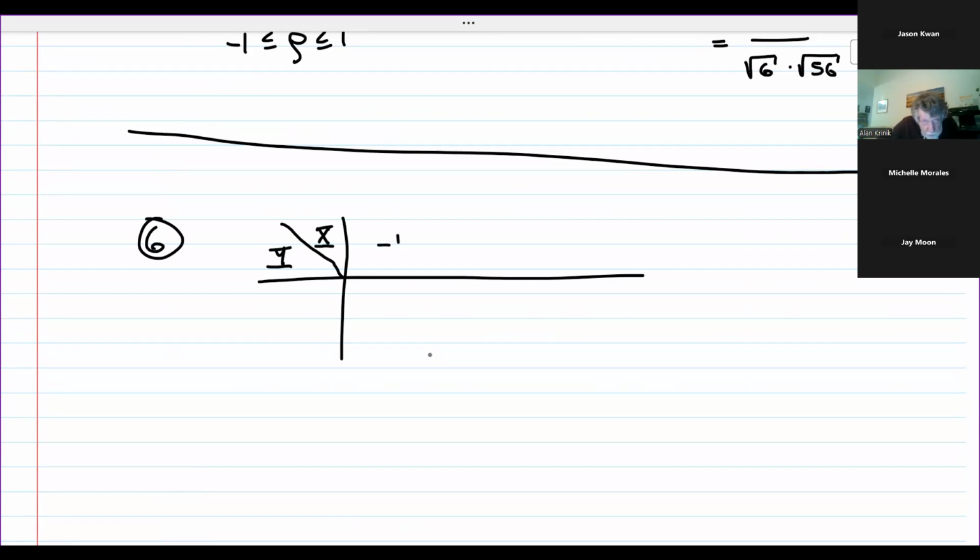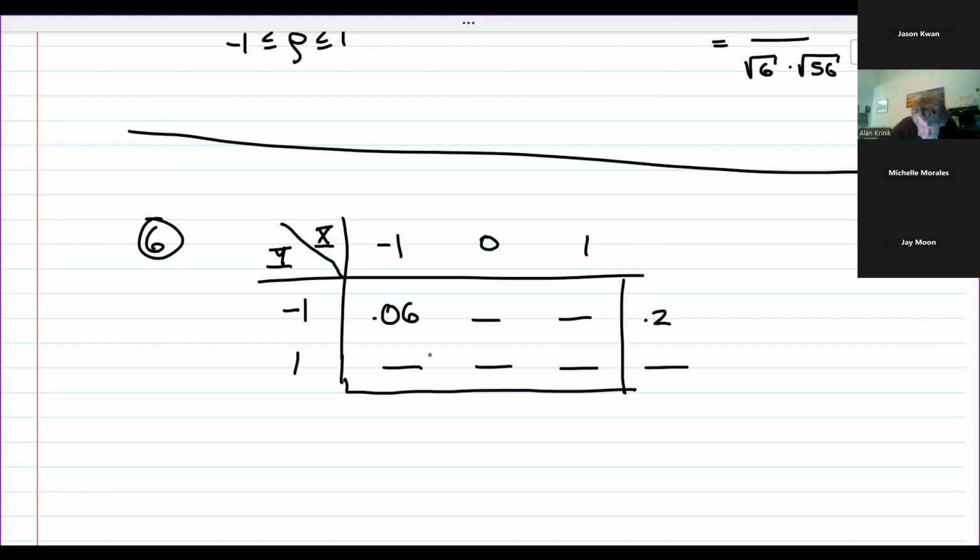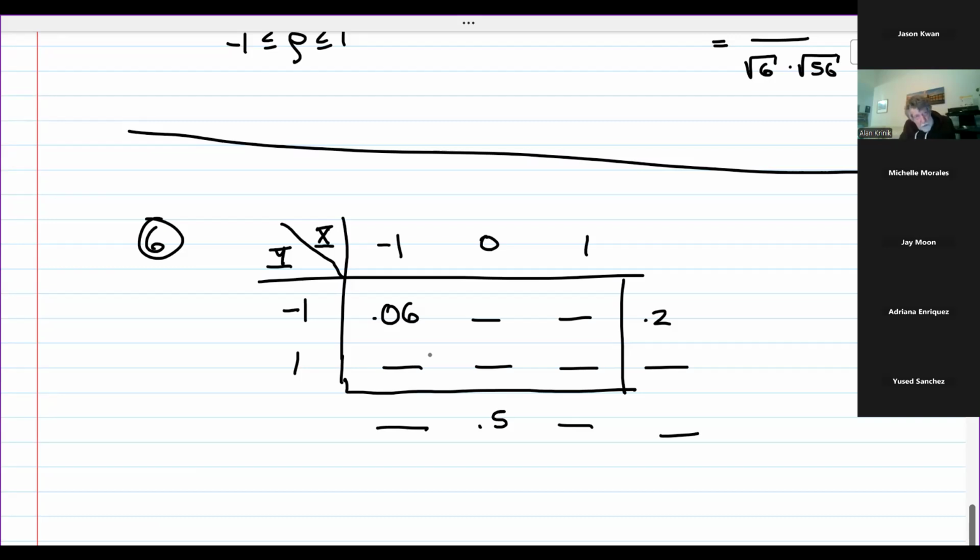The values for X are -1, 0, and +1. The values for Y are -1 and 1. And the only thing you're told is this. These are blank. These are blank. Over here, you're given this to be 0.2. This is blank. And then down here, these are blank too, except for this entry here. And the question is, can you complete the table?